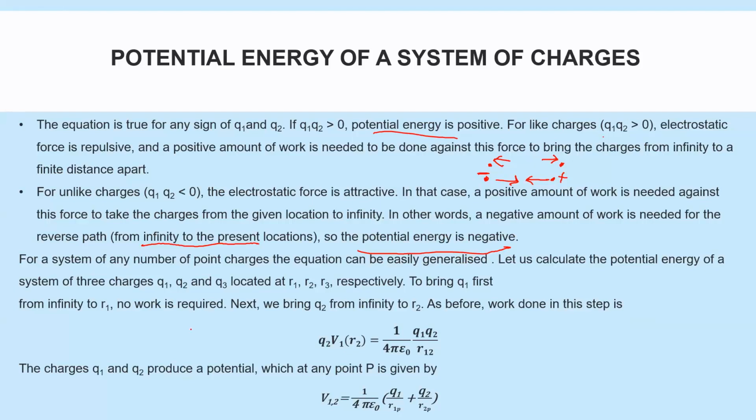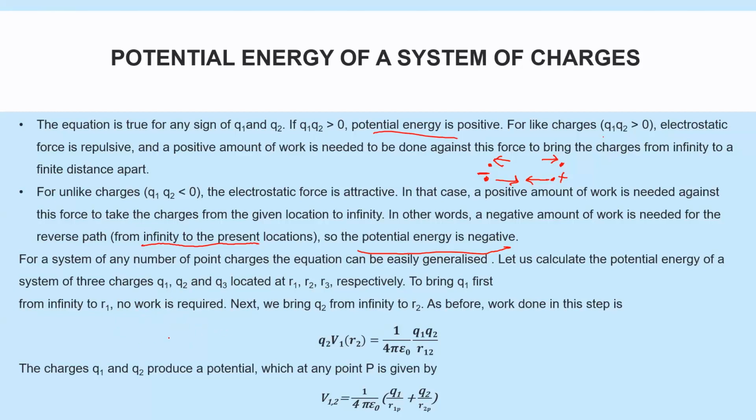Suppose you have a system with multiple charges. Suppose we are considering three charges, Q1, Q2, Q3, located at R1, R2, R3 respectively. First we bring Q1 from infinity to R1, no work is done. So your V1 is going to be 1 by 4 pi epsilon 0 Q1 by R1P.